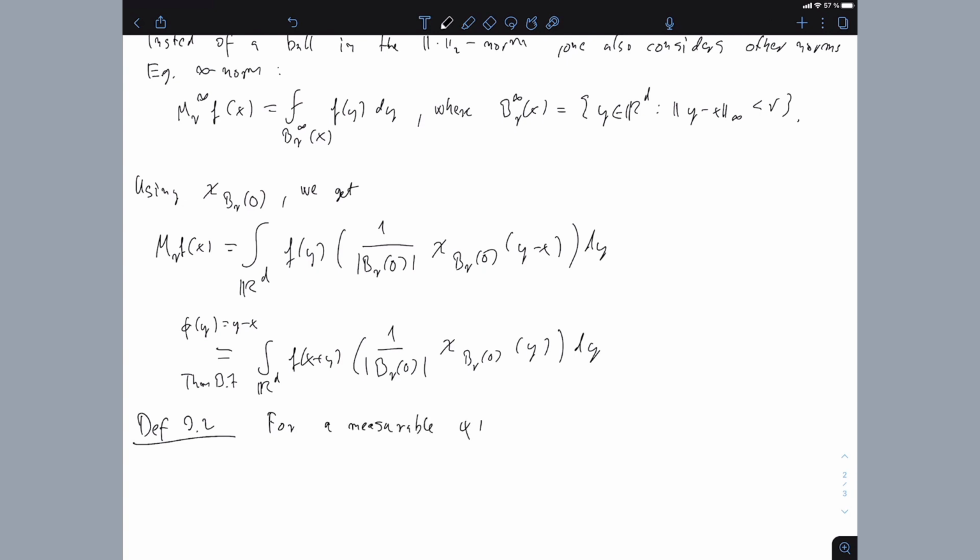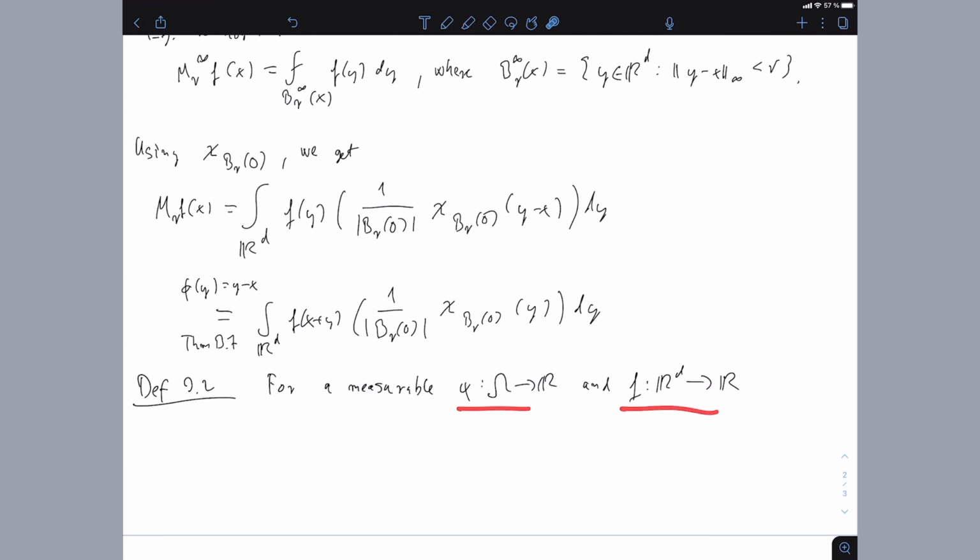We take a measurable psi, just a technical assumption. To be able to write down the integral, I need to make some assumptions, namely that everything is measurable. But just think of this as filter and image.